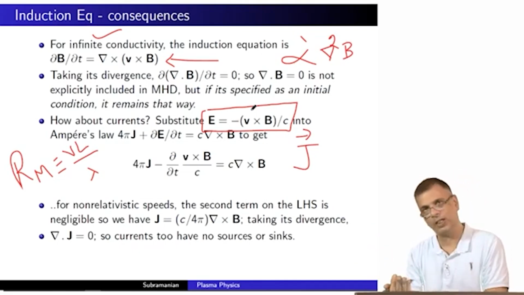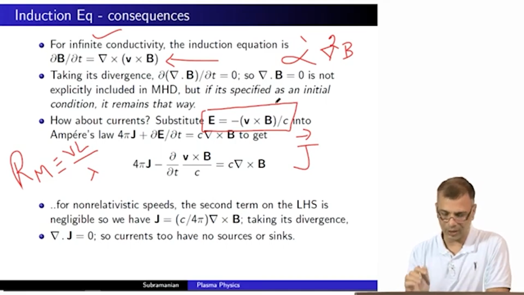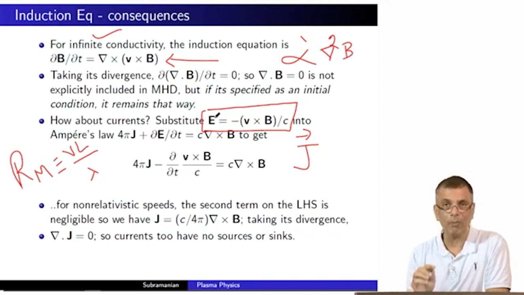When you're sitting inside the plasma, there's no V, right? So it should be obvious to you that this refers only to the lab observer. So in the lab observer's frame, there is a finite electric field. It's another matter that since the V is non-relativistic, in other words V over C is very, very small, the magnitude of the E will also be small, but nonetheless it's small but finite.